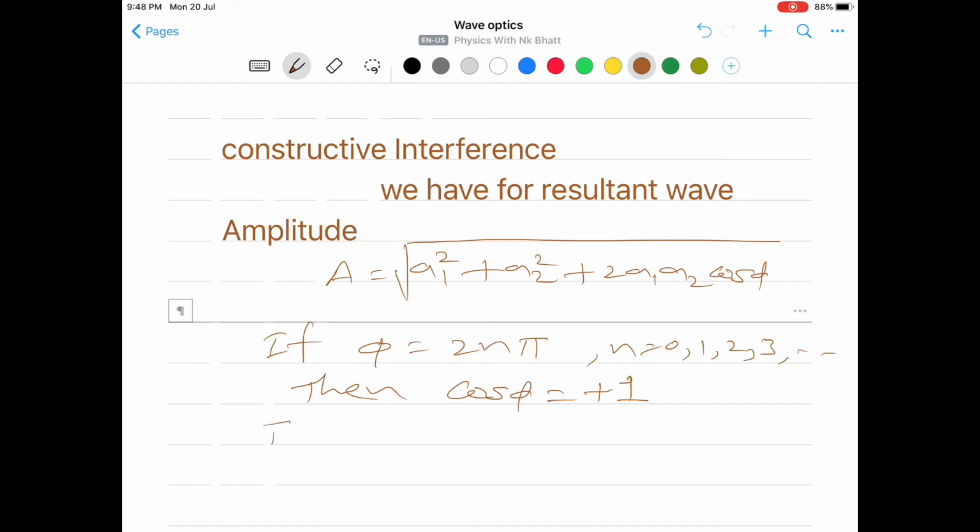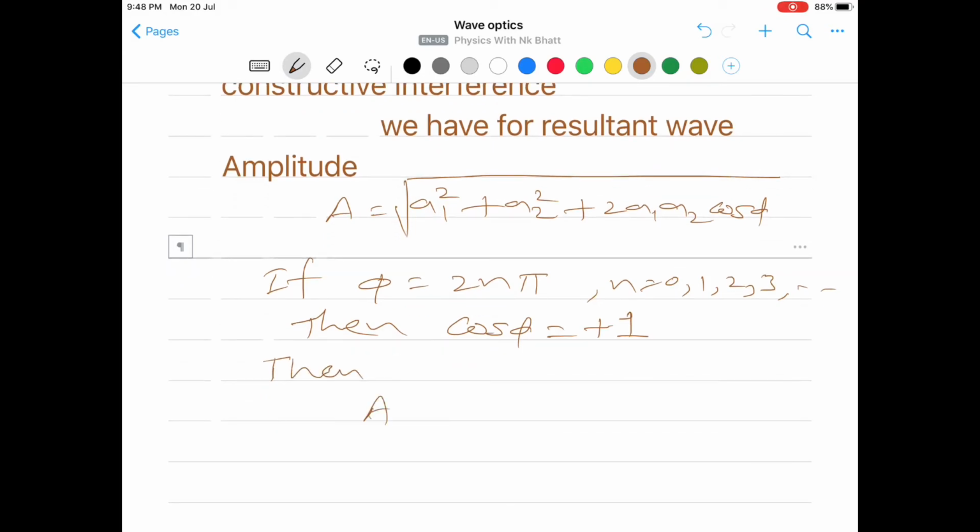Then A is equal to under root A1 square plus A2 square plus 2A1 A2 cos phi.